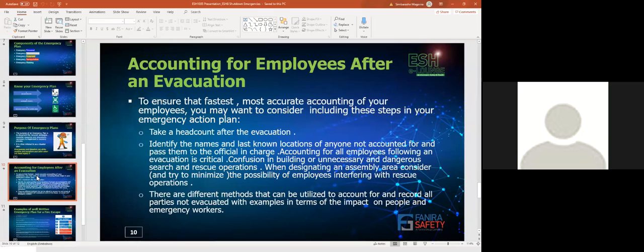Let's identify the names of employees and the last known location of anyone not accounted for and pass them to the official in charge.